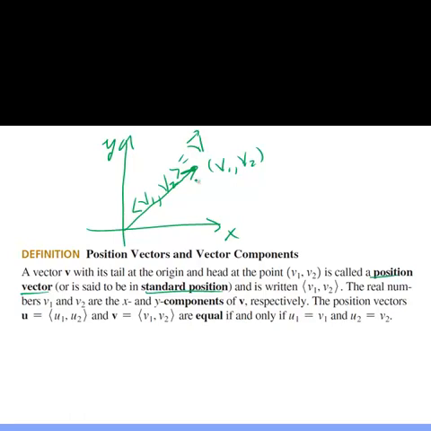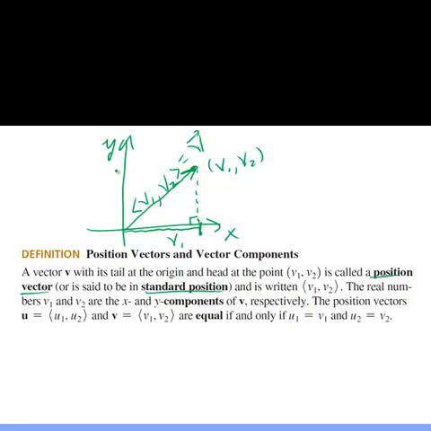Why? Well, if you were to just drop a perpendicular from the head of vector v down to the x-axis, then the length of this line segment from the origin horizontally out to where that perpendicular hits the x-axis would have a length of v1.